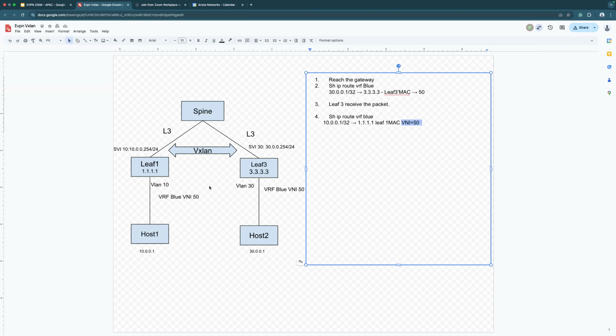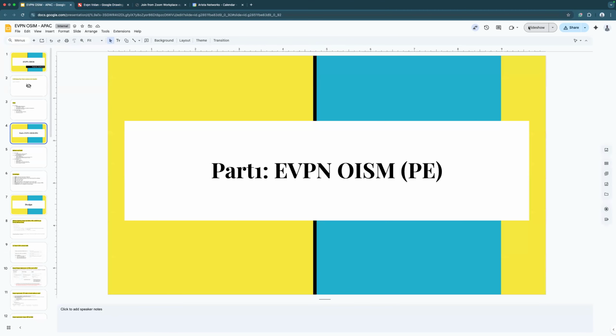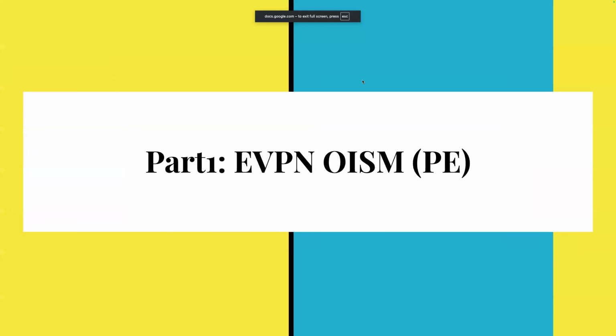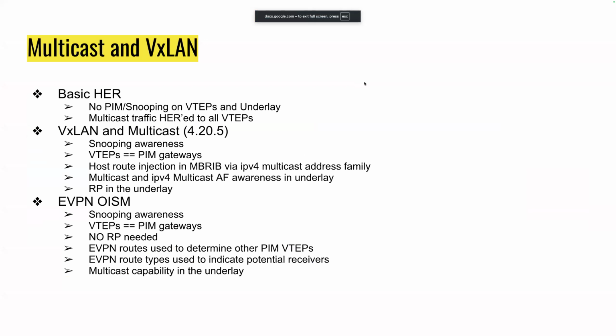For multicast, we'll not be using VNI 50 exactly, but we will make use of a dynamic VLAN which is mapped to that VNI. Any doubts until here? All right, there are no doubts. Let's proceed further.